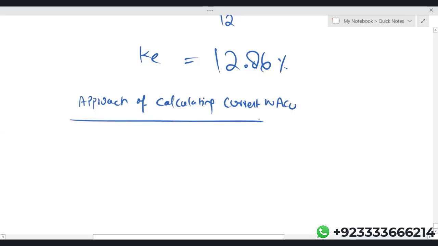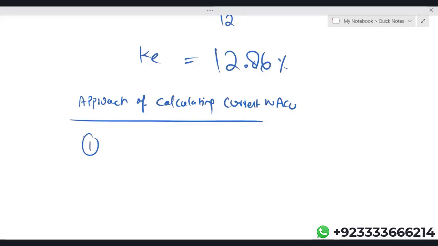Let's say there's no diversification, nothing. We are just calculating the existing WACC of the company. If the examiner gives data and there's no diversification, we are just calculating the current WACC of the company.